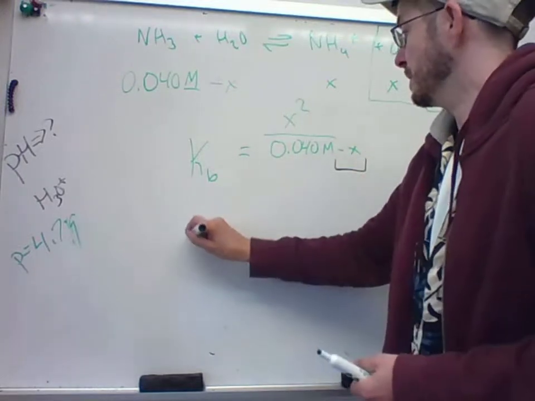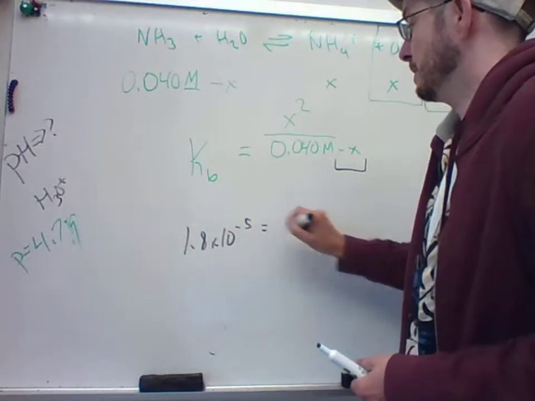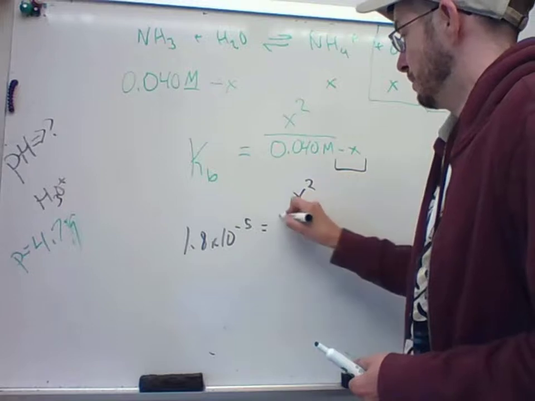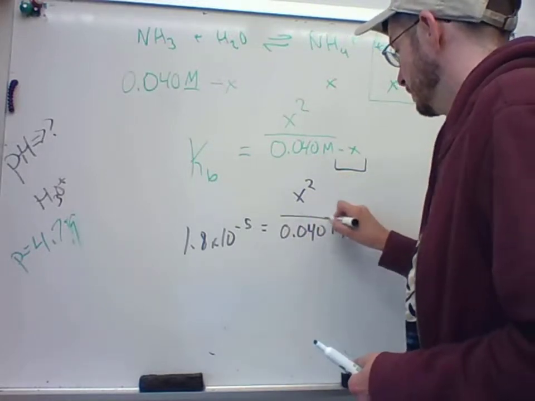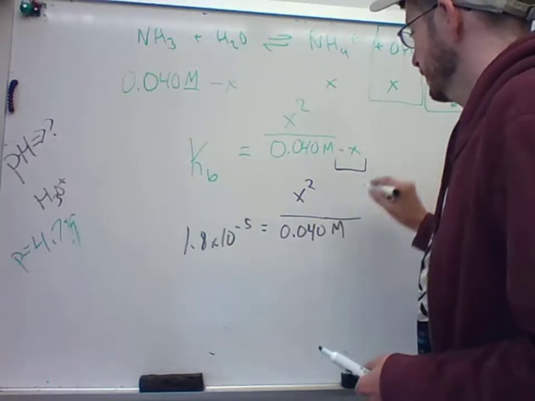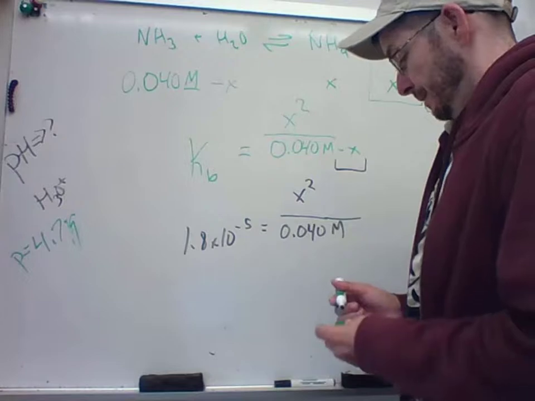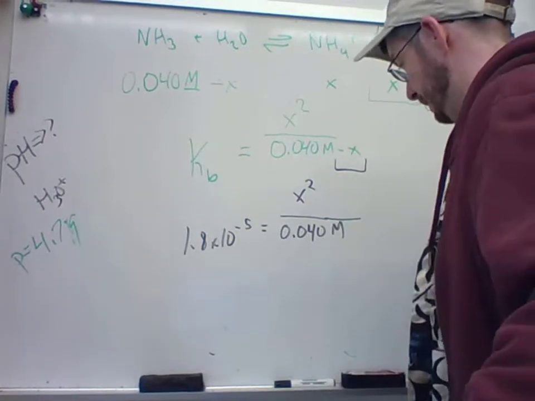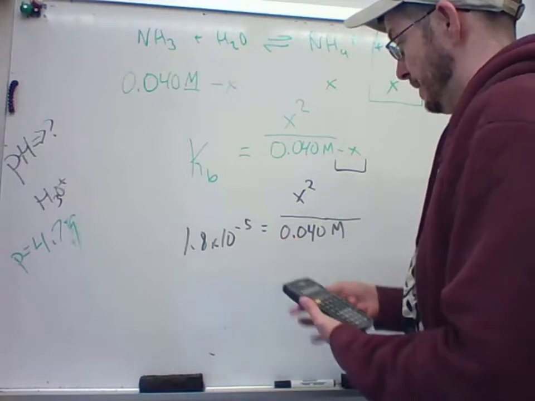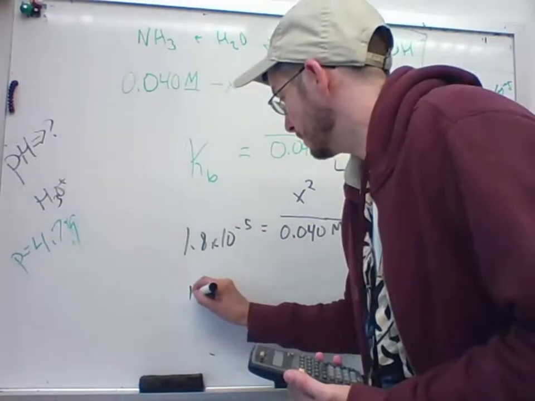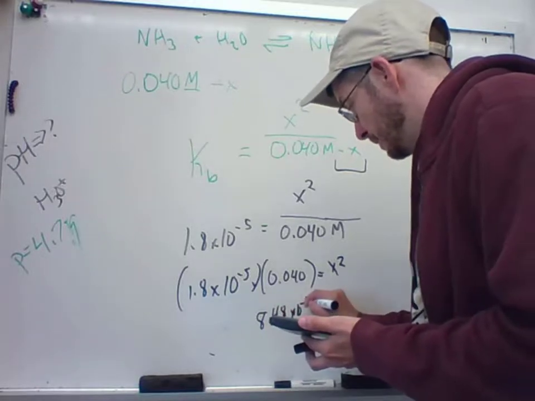And so this becomes 1.8 times 10 to the minus fifth is equal to x squared divided by 0.040 molar, due to the small x assumption, allowing us to calculate x. 1.8 times 10 to the minus fifth times 0.04, square root, gives 8.48 times 10 to the minus fourth.